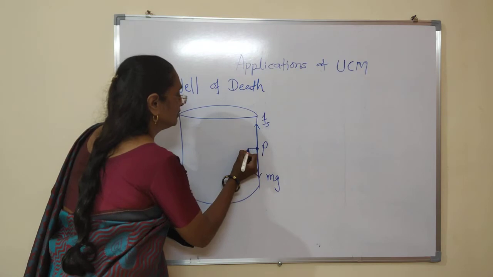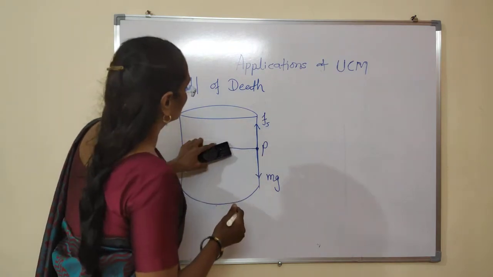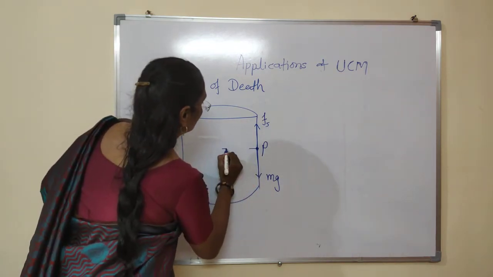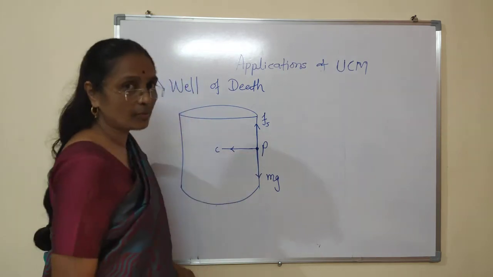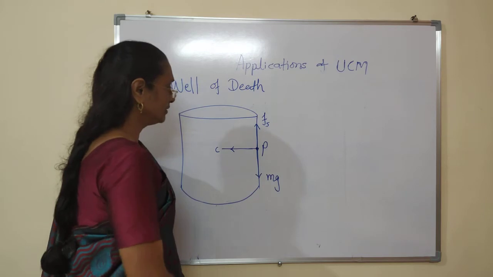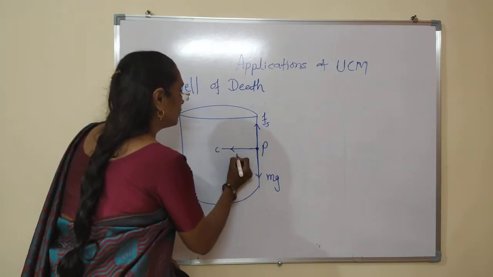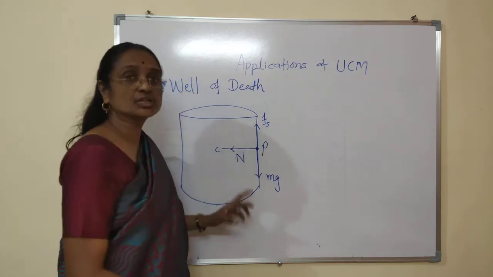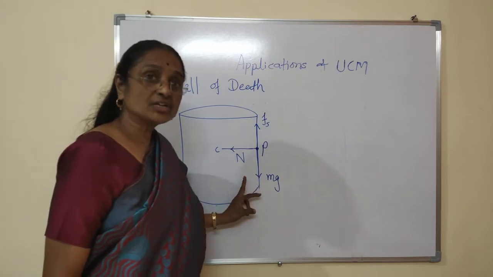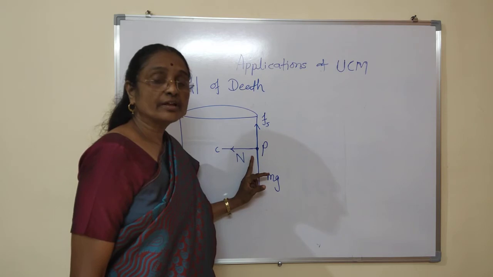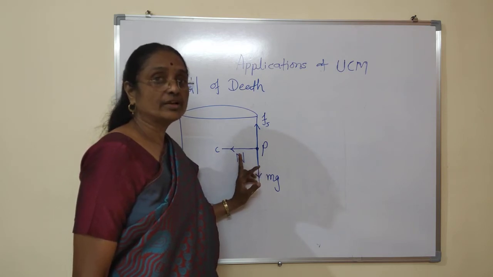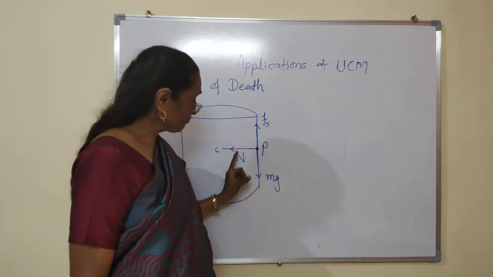and there is one more force towards the center of the circular path, the horizontal circular path. Here, that force is the normal reaction. It is the reaction exerted by the wall on the motorcycle and motorcyclist, that system.